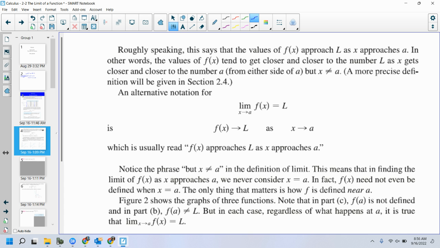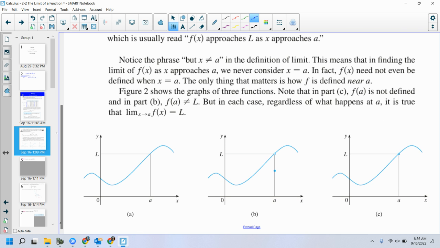So I kind of talked about this already, the fact that it doesn't need to be defined at that place. And I wanted to show it graphically as well. Okay, so we can actually calculate the limit in all of these scenarios. Take a look here. What if I wanted to evaluate the limit as x approaches a of this function f of x?